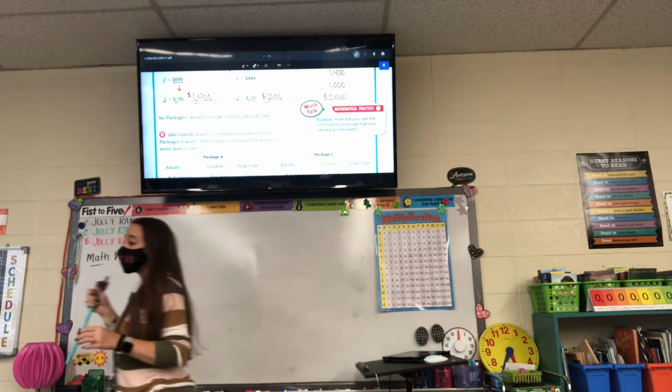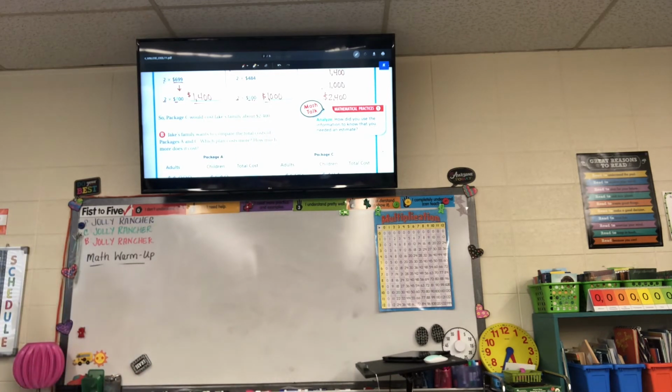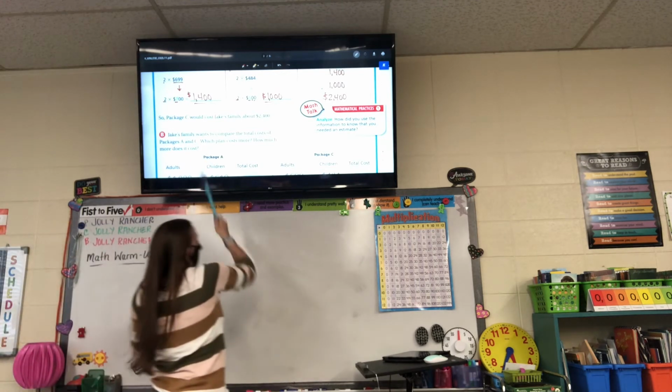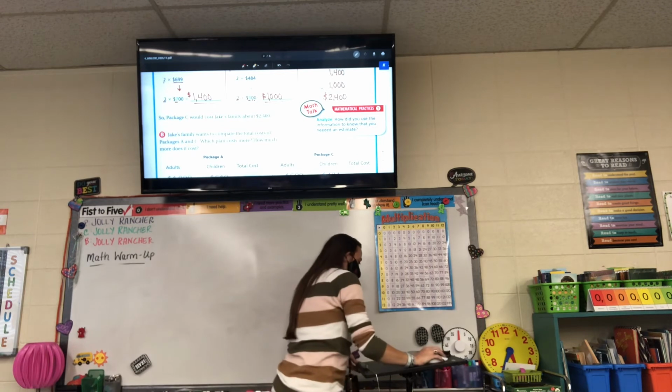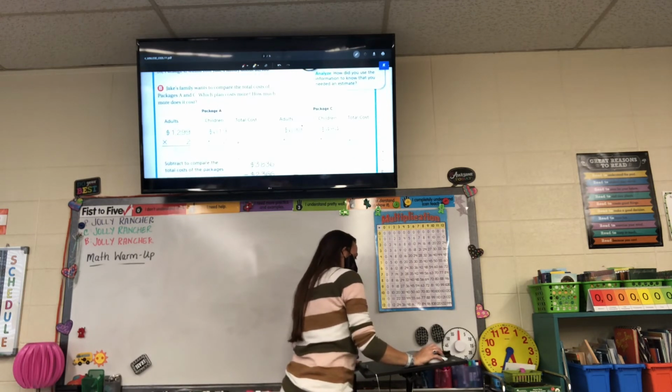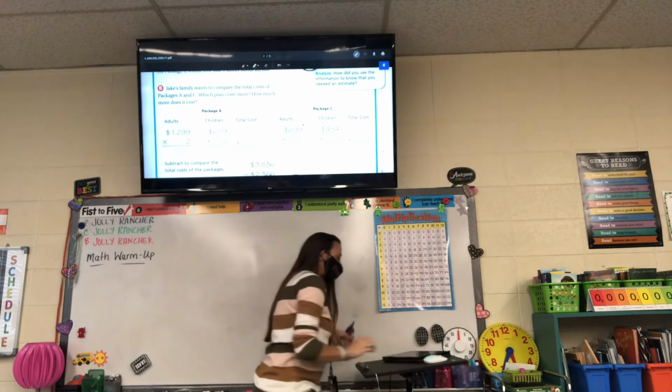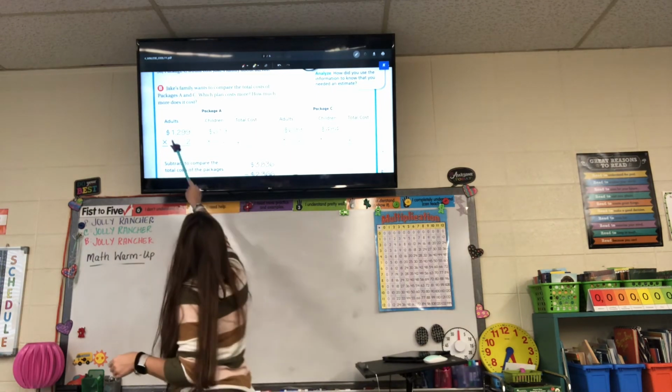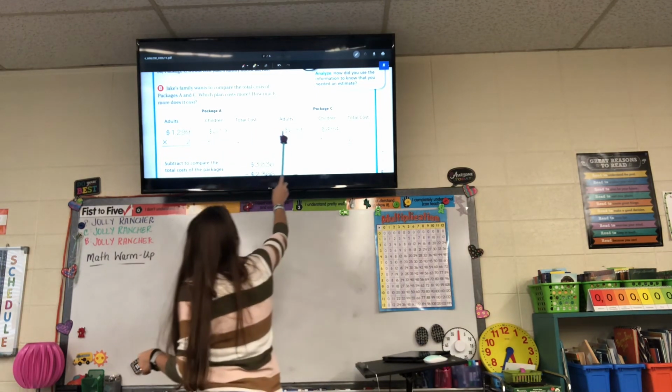Now Jake's family wants to compare the actual prices of vacation package C and A and see which one costs more and how much more it costs. They've done us a favor and plugged in the numbers that we're going to have to use here.